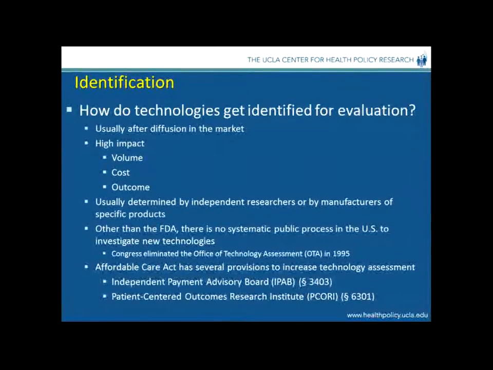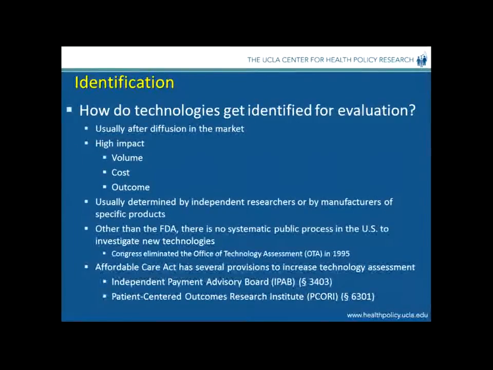So that tends to be what gets studied. But the fact is, it's usually determined by independent researchers, or in some cases by the manufacturers of specific products or devices. So the pharmaceutical industry, the device industry, does this work internally.